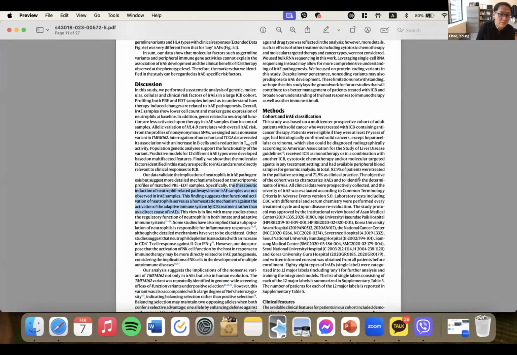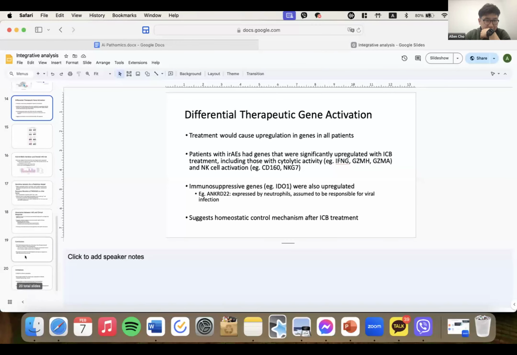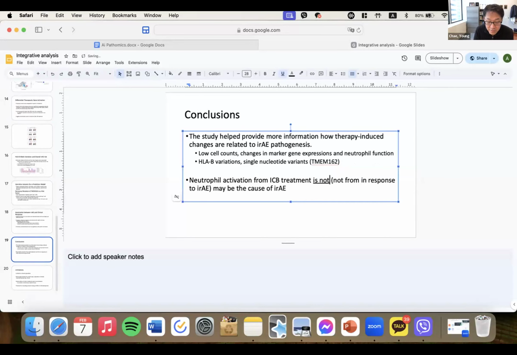So this is why critical reading is so important. Neutrophil activation from ICB treatment is not seen in the irAE group. Do you get it? Yes.